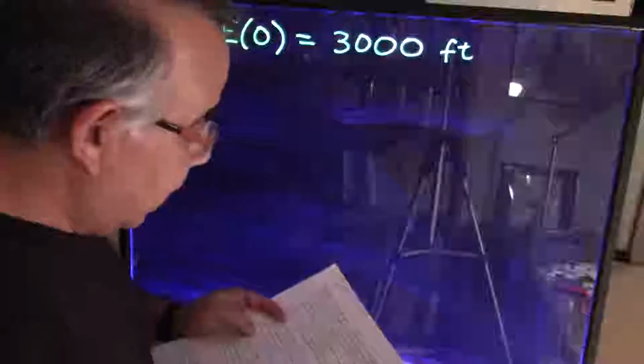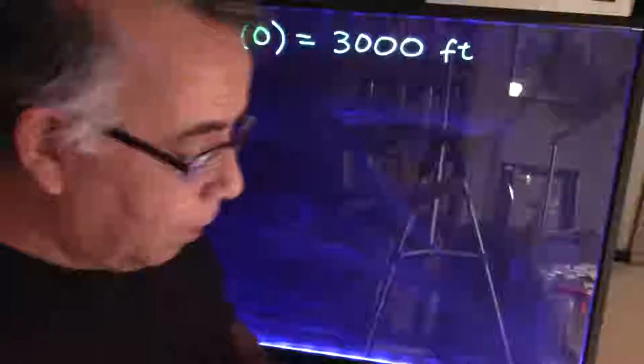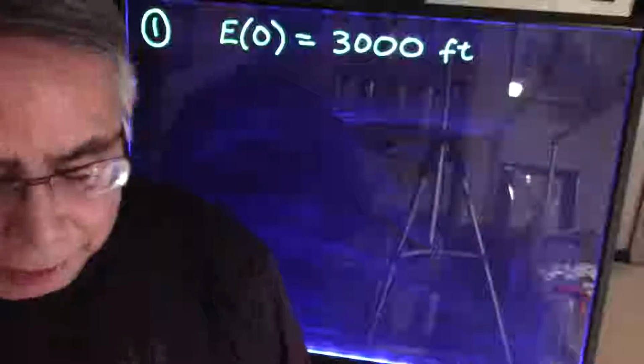Now, how it changes over time is given by the slope. If you notice, this function is written in slope-intercept form. It's a straight line, and the slope is next to the variable t, and it's negative 70.